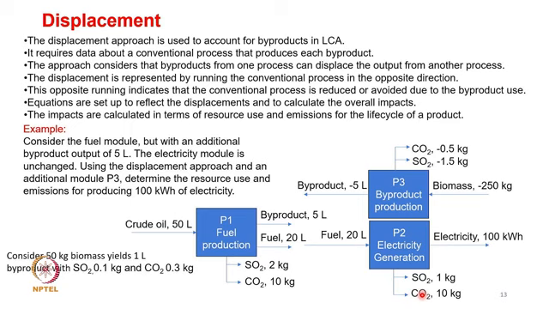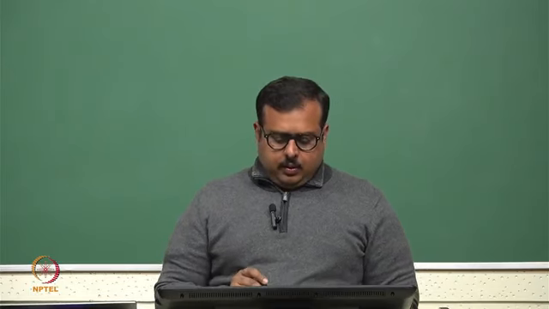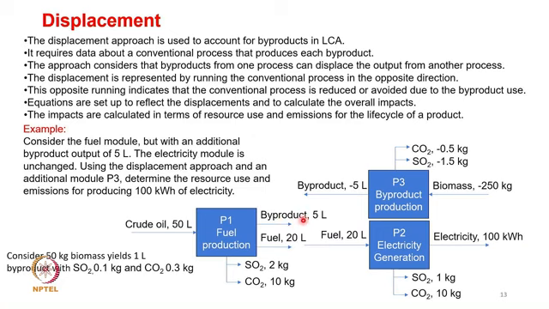Now, if there are byproducts, the point is that when we are producing something and getting a byproduct, it is not by desire, but the process is giving you an additional product. It is something that we were not really wanting, but the process as part of its reaction is giving you this byproduct.